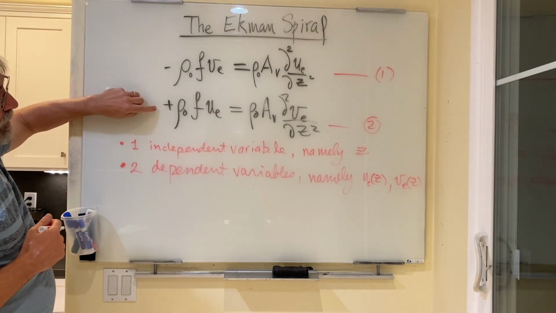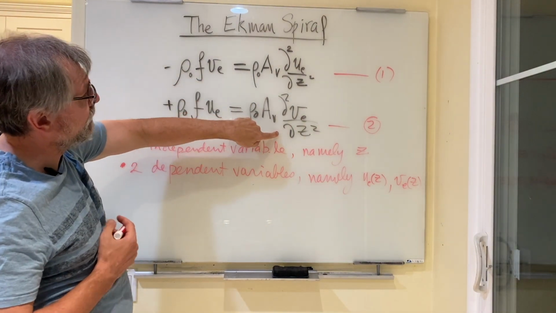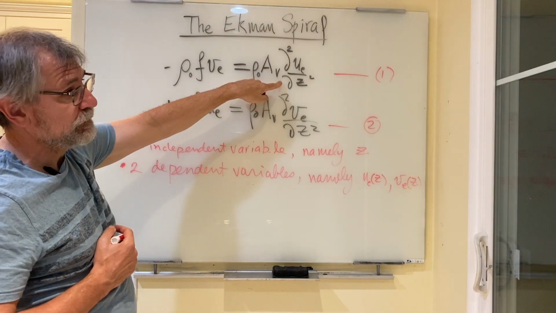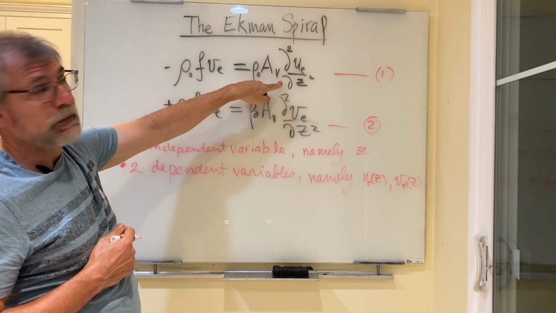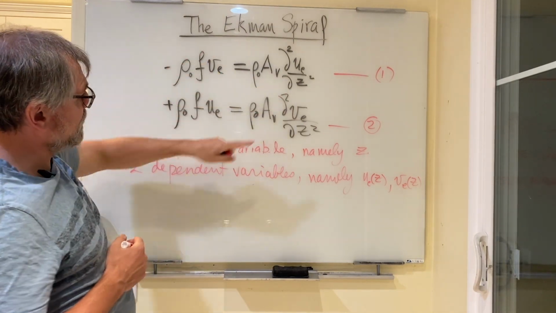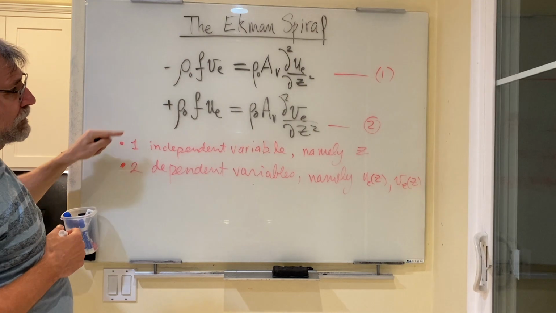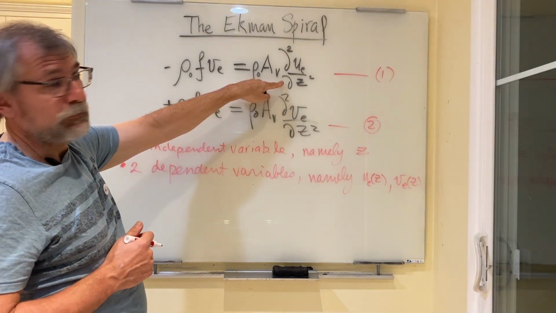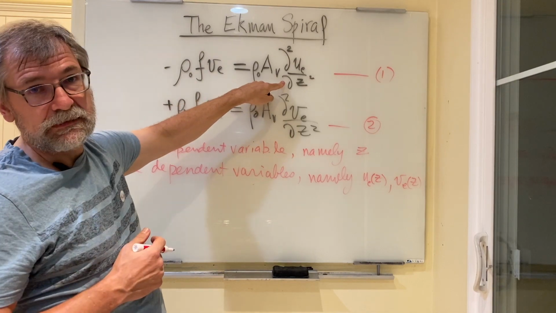These equations are differential equations, right? We have derivatives. I wrote them as partial derivatives because they showed up in the momentum equation where there were derivatives with respect to time and with respect to the horizontal coordinates. But in this expression, since there's only one independent variable, these partial derivatives can in fact be expressed as ordinary derivatives because we only have derivatives with respect to z.